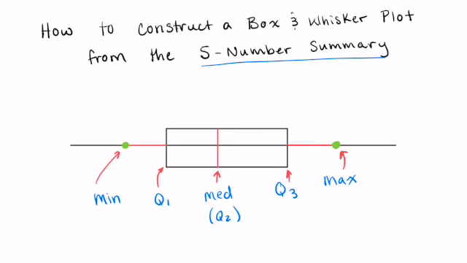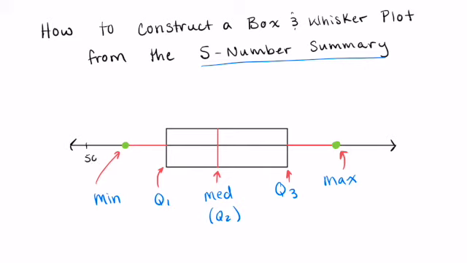It's that simple. Now, notice all of this is going to be on a number line. That number line is going to be whatever our data is. If my numbers are, say, between 20 and 50, maybe I'm going to go up by 5s, and maybe my numbers are between 500 and 1,000.